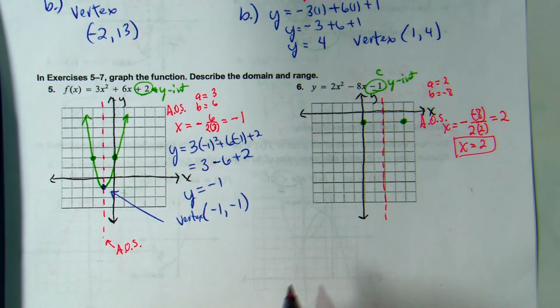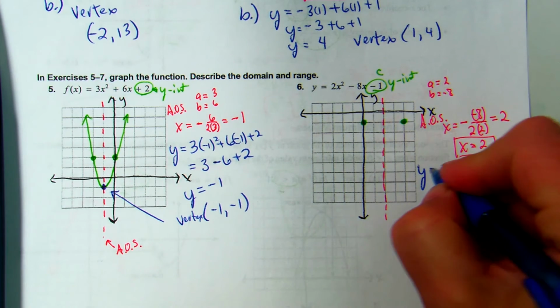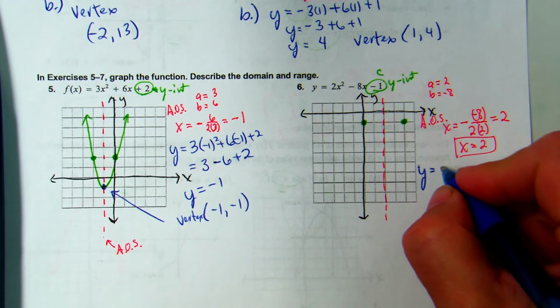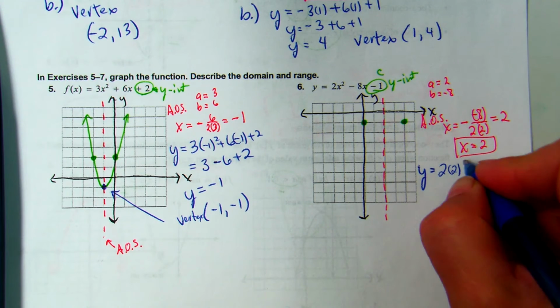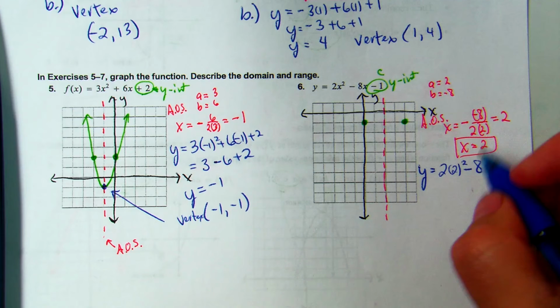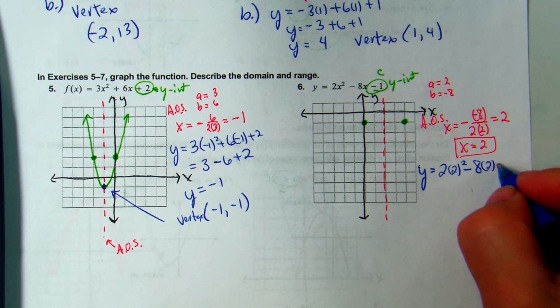All right, and now I need to find the vertex, so I need to find the y value when x is 2. So y equals this equation with 2 instead of x in it: 2 times 2 squared, minus 8 times 2, minus 1.